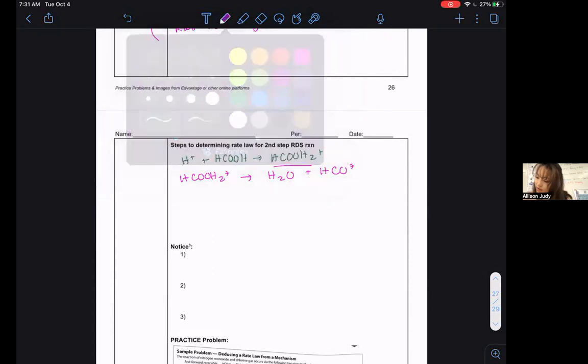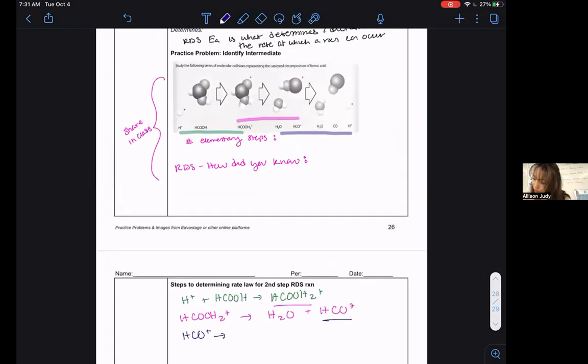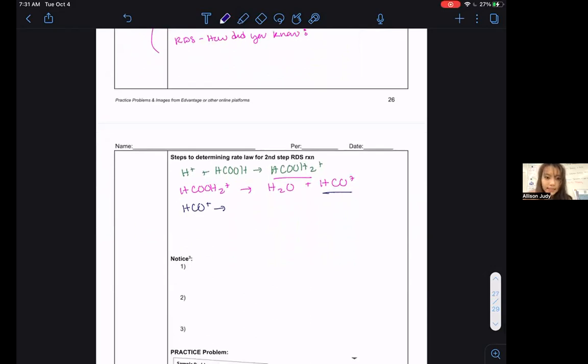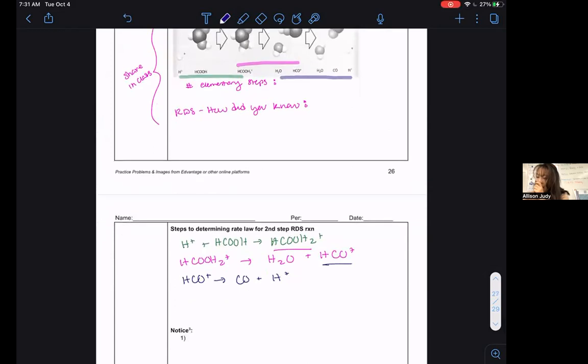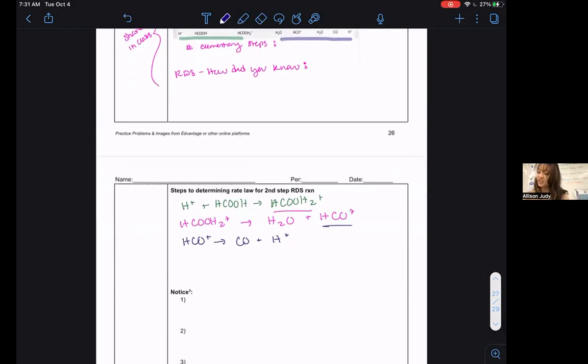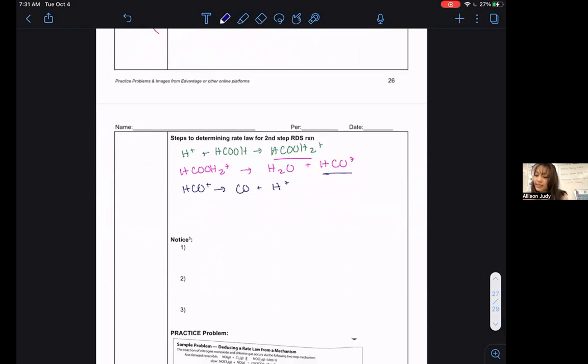And then our reactant was the product from the previous elementary step. So we have HCO plus goes to CO and H plus. Okay, and that would be our elementary steps. So what you notice is immediately we have a lot of intermediates that get canceled out when we do the overall.